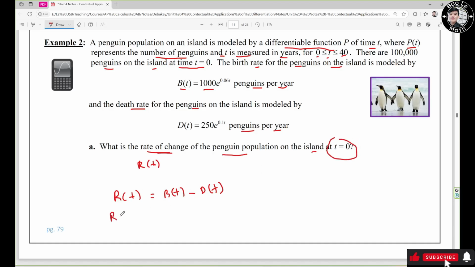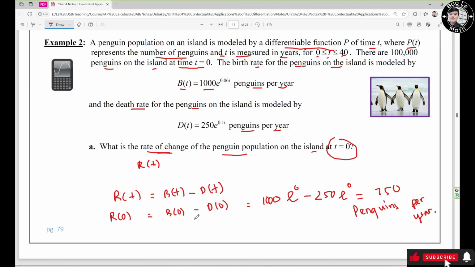We have R(0) equals b(0) minus d(0), which is 1000 times e to the 0 minus 250 times e to the 0. e to the 0 equals 1, so it's 1000 minus 250, which is 750.